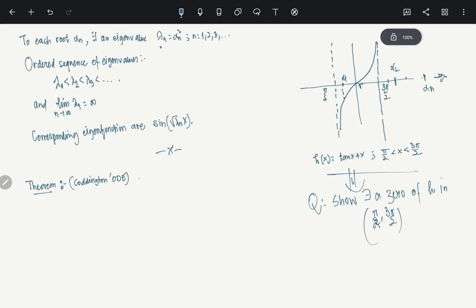So what is the theorem? It says that a self-adjoint operator, you remember we talked about a self-adjoint operator. In this case, it's a regular Sturm-Liouville boundary value problem, so it's a self-adjoint operator.